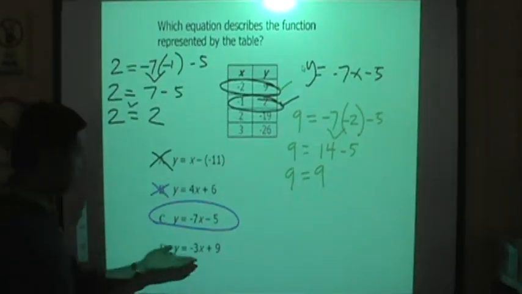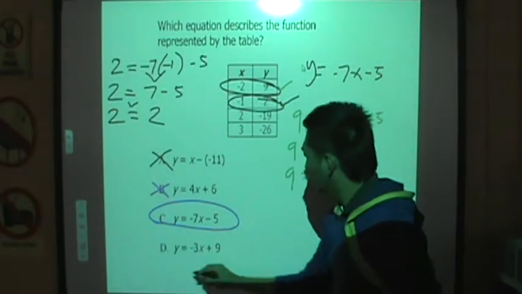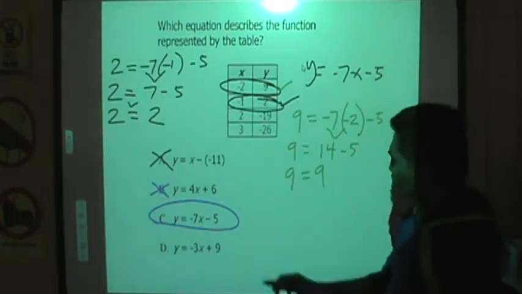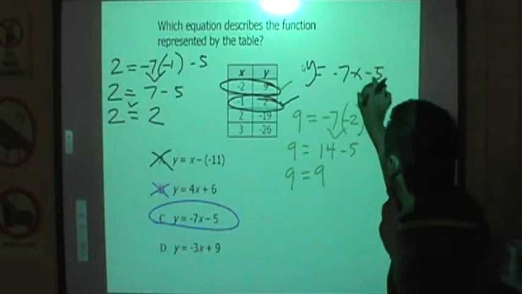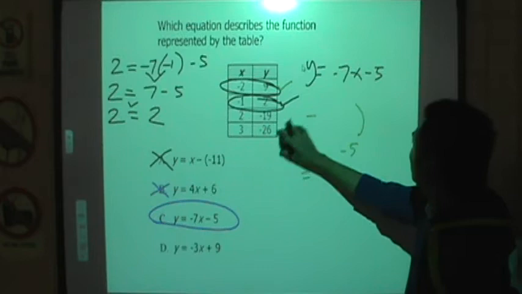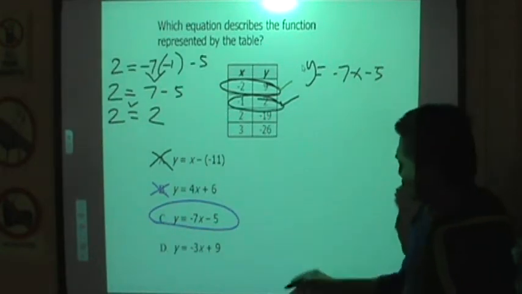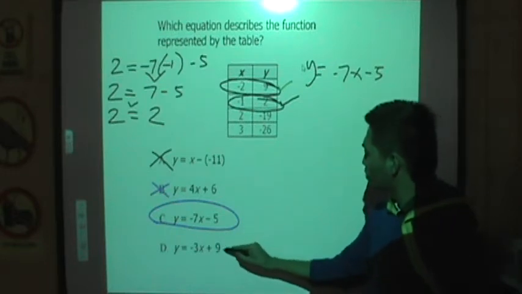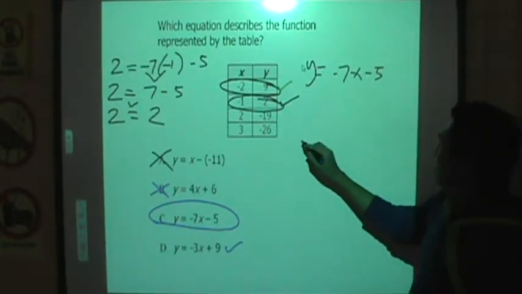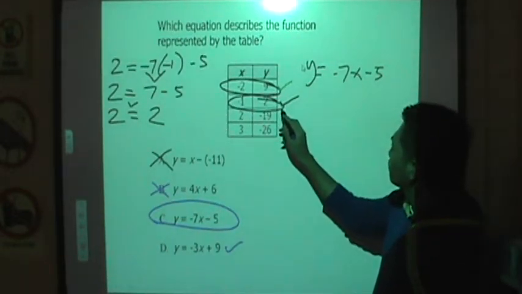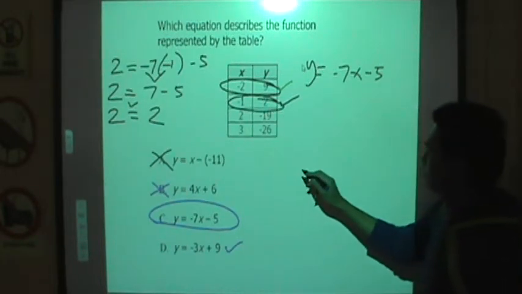Okay, now let me try this one. Let me erase this one. How about if I use this? So y, and I use the second one.